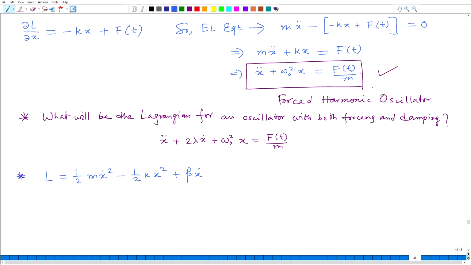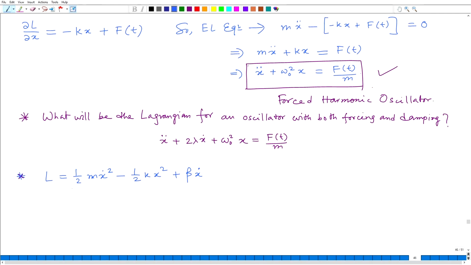I can think this has a form which is still T minus V, where this is T and this part is V prime, which is half k x square minus beta x dot, but this V is not a function of coordinates only, this V is a function of velocity as well, because it contains x dot.